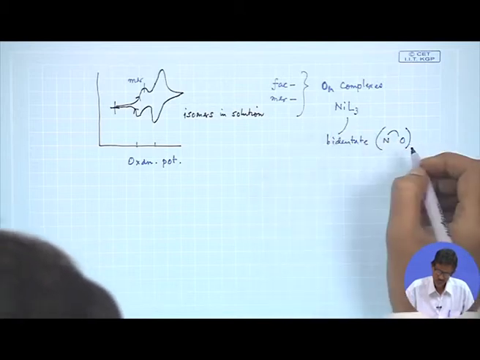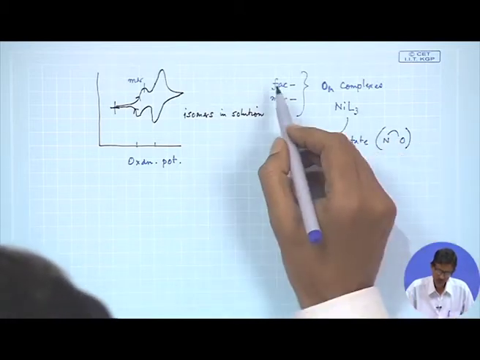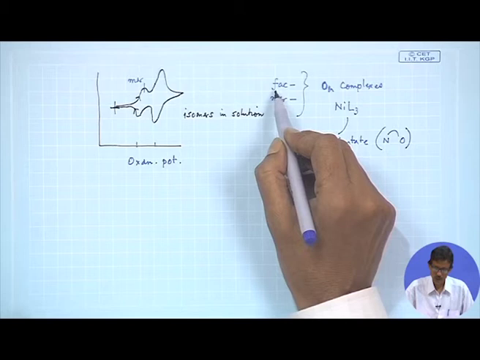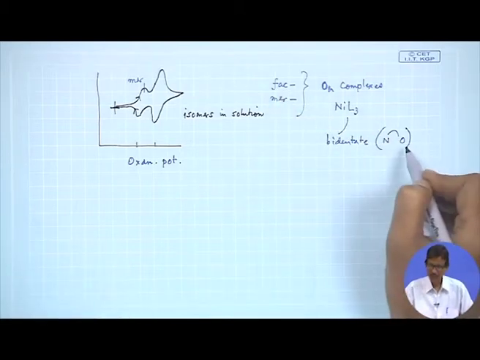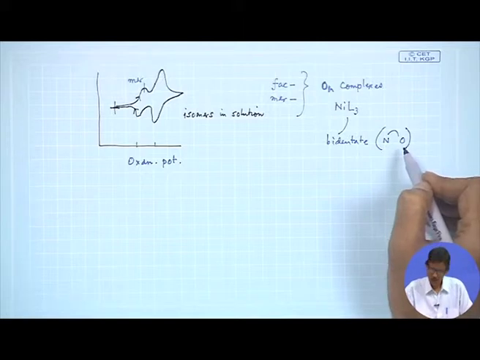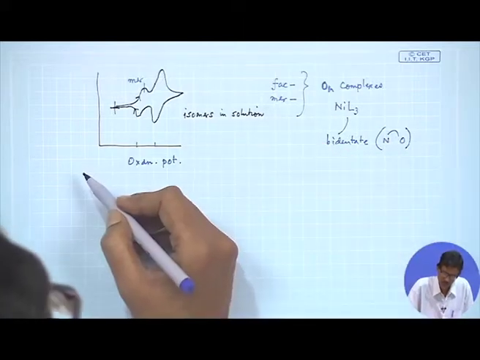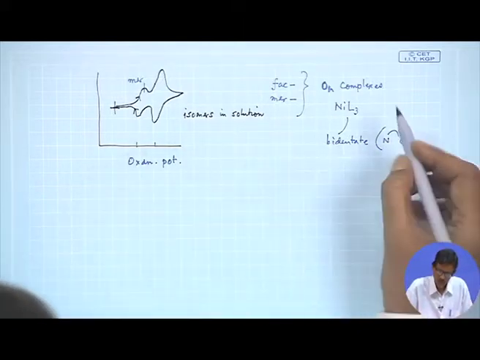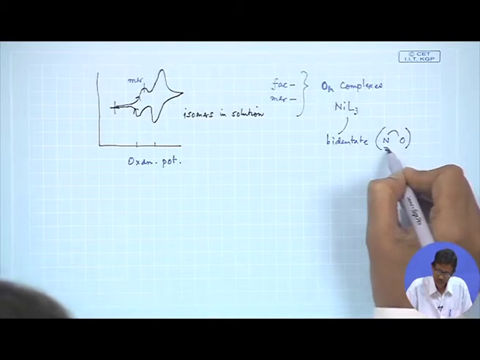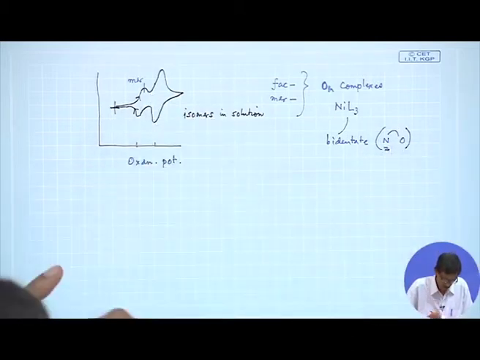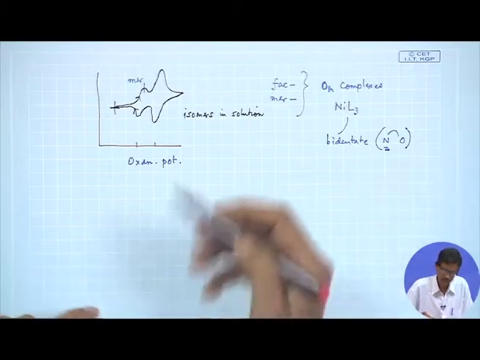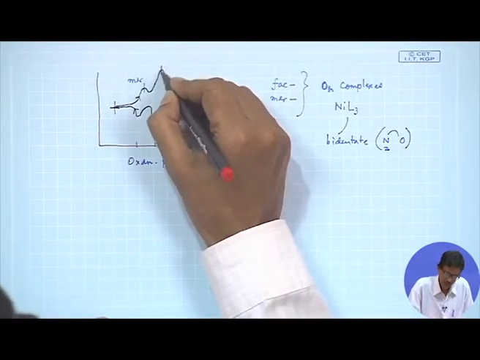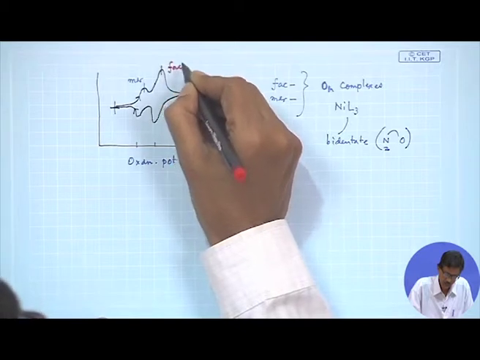An NO donor type ligand binds such that one face is occupied by all nitrogen and another face by all oxygen, giving the facial isomer, while the meridional isomer spans the same donor groups. So, if the first oxidation potential is for the meridional isomer, then the second one will be the facial isomer.